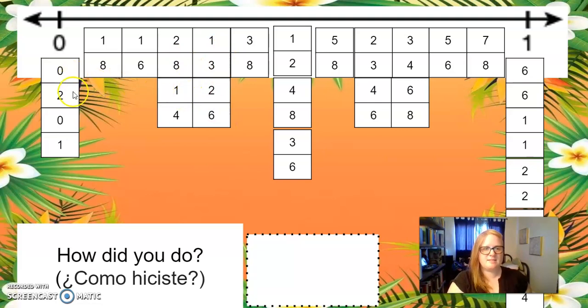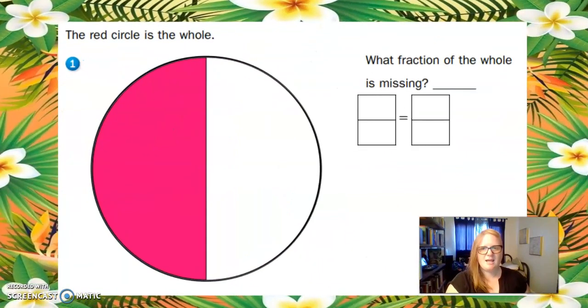So now we know 0 halves and 0 wholes are equivalent. 2/8 and 1/4, 1/3, 2/6, 1/2, 4/8, 3/6. All of these are equivalent fractions, and you will be able to use these to work on the next few slides.